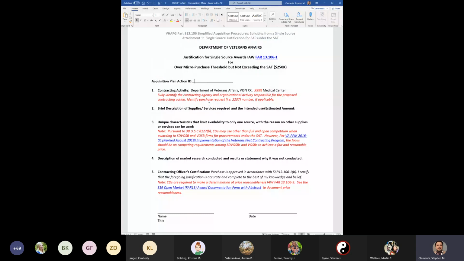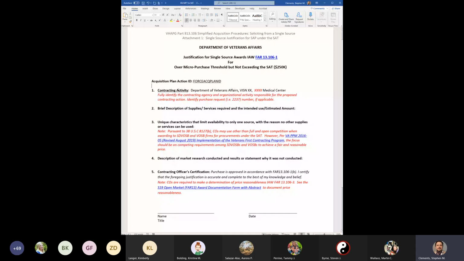So you may not have that number before you send this in, but you will afterwards. So I'm just going to put a dummy number in here, force ac plan ID. All right, so that's what you would put here. And that ties this SSJ to that package and helps make record keeping easier. And that's all that's asking for.